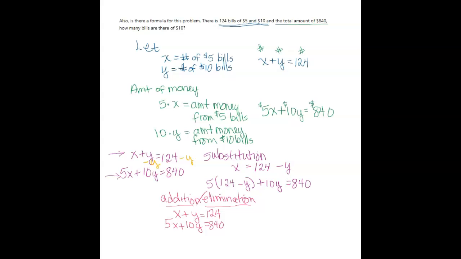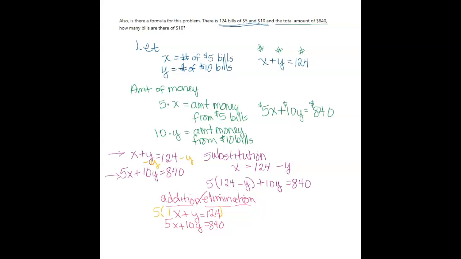I'm just going to pick the x's so that you can see what I'm doing. I have a 1 as the coefficient for x here and a 5 as the coefficient of x in the second equation. I want to make them the same, so I'm going to multiply this equation by 5.